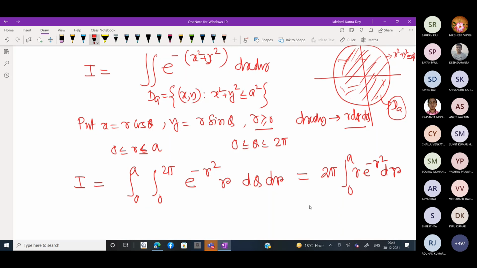Ultimately it is pi into 1 minus e to the power minus a square. This is equation number one.